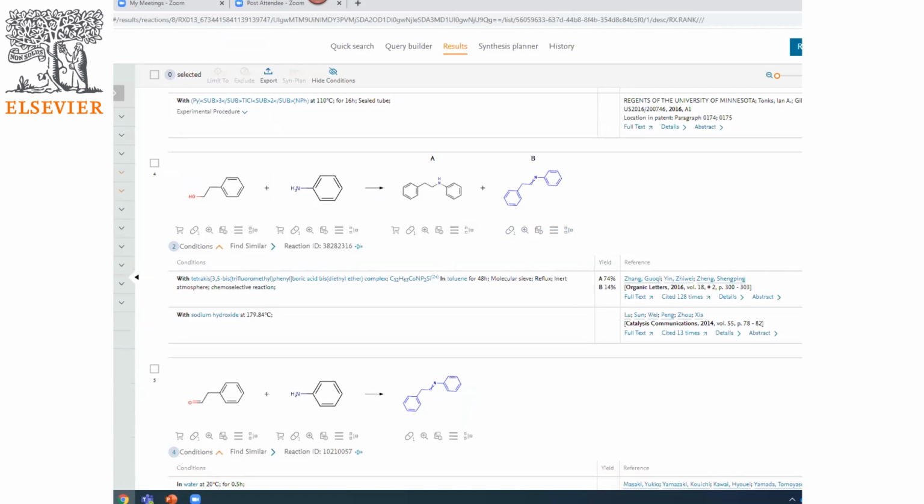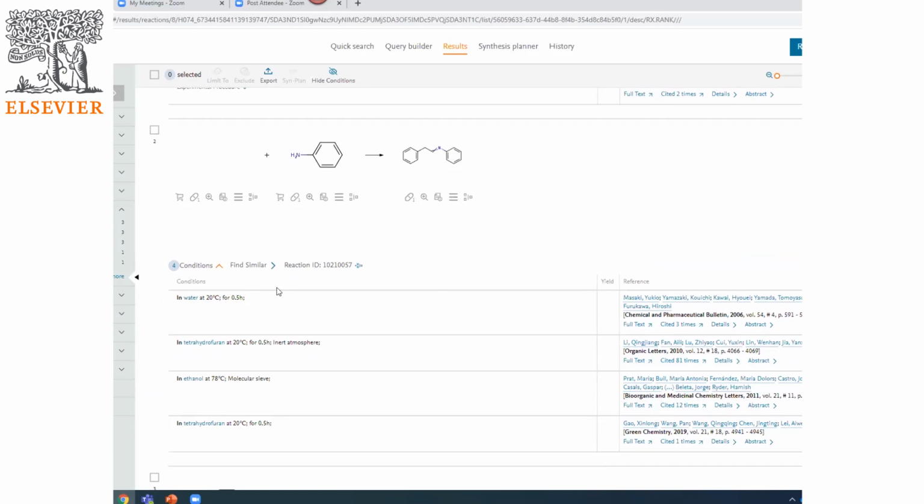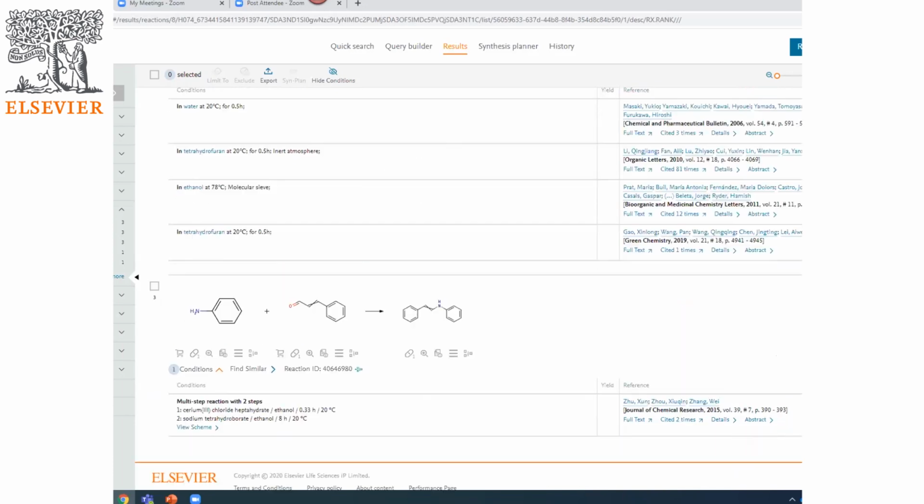And we even have solvent classes. One of them is green, so we can choose all green solvents and limit to them if you're interested in carrying out this reaction in green solvents. So as you see, this one is carried out in water and in ethanol.